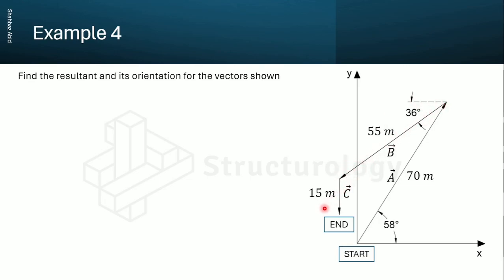And vector C has a magnitude of 15 meters and it's moving in the negative y direction. So we have a start here and we have an end here. So there is definitely going to be a vector connecting the start to the end.